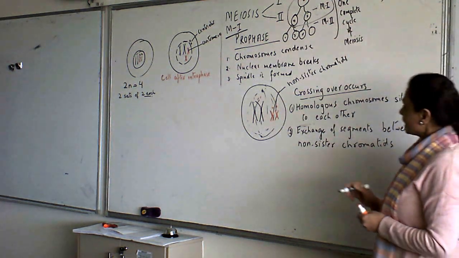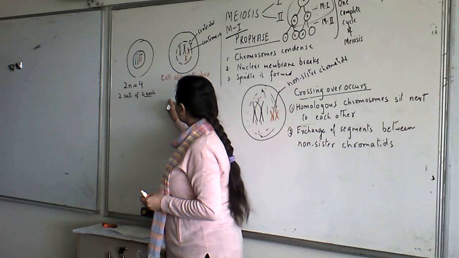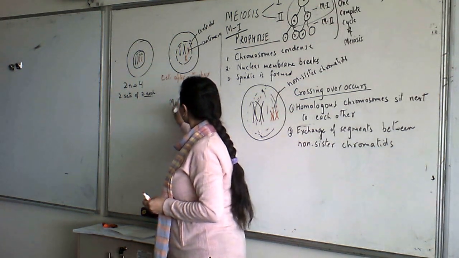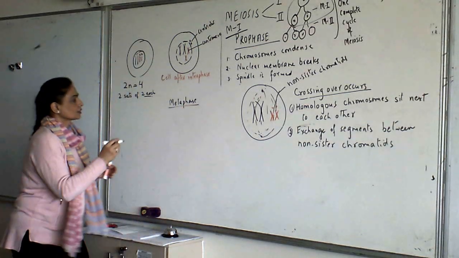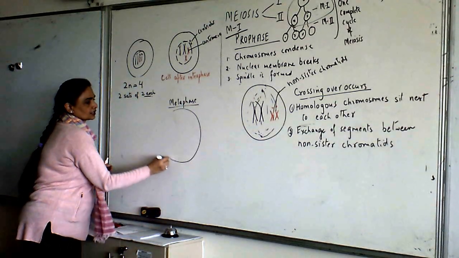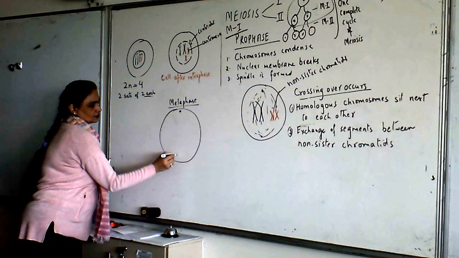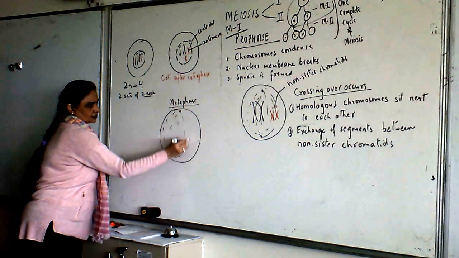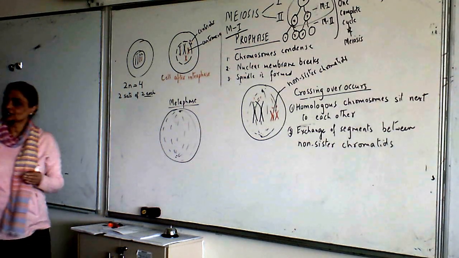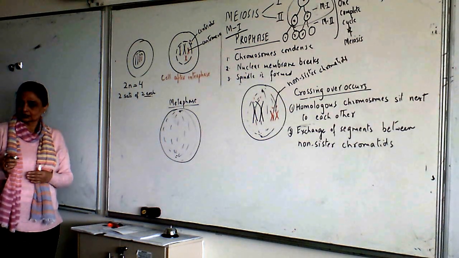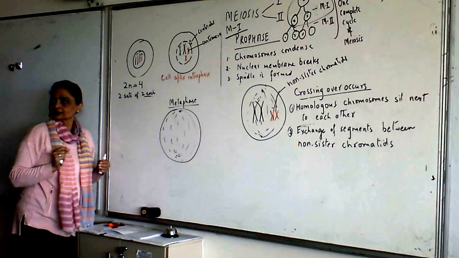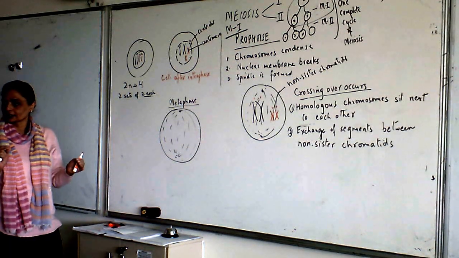Next is metaphase. In metaphase, all chromosomes come to the middle. But how is it different from metaphase of mitosis? They come to sit in 2 layers instead of 1.